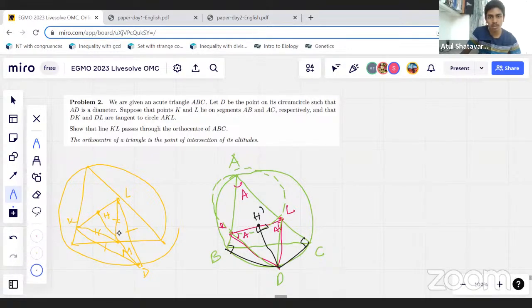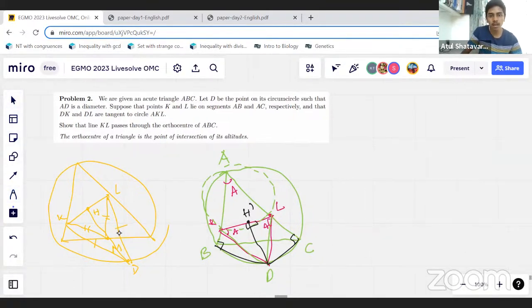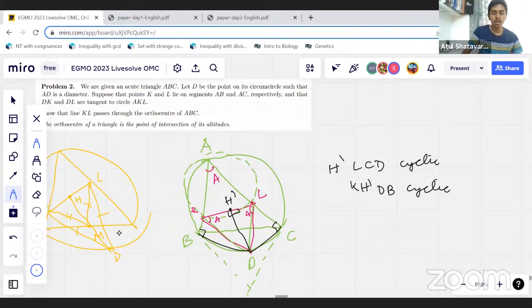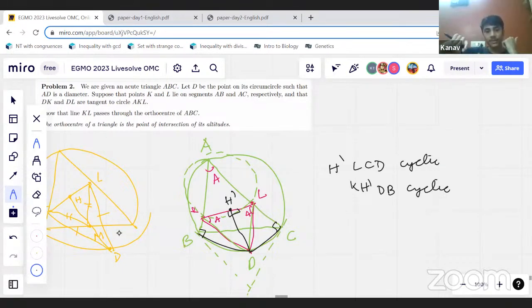Let's call it H dash. So we have H dash LCD cyclic and KH dash DB cyclic. How do we get orthocenter? Oh wait, you get DBH prime C is a parallelogram.